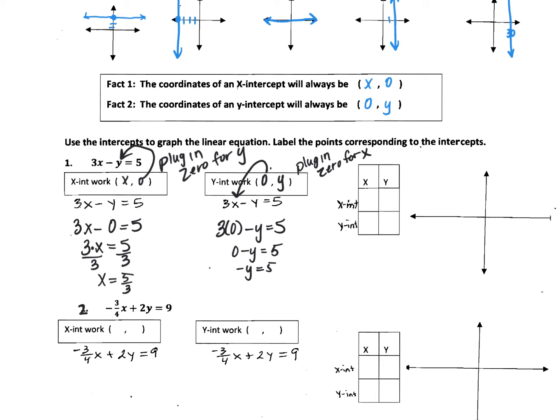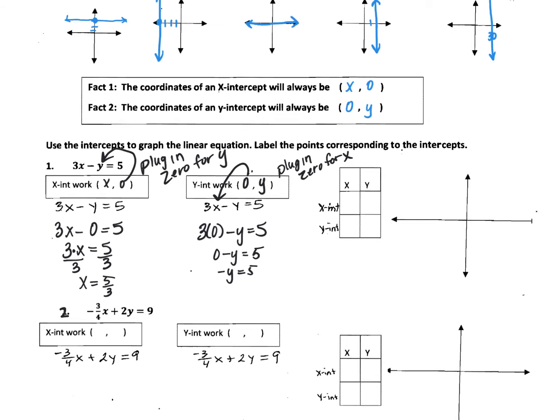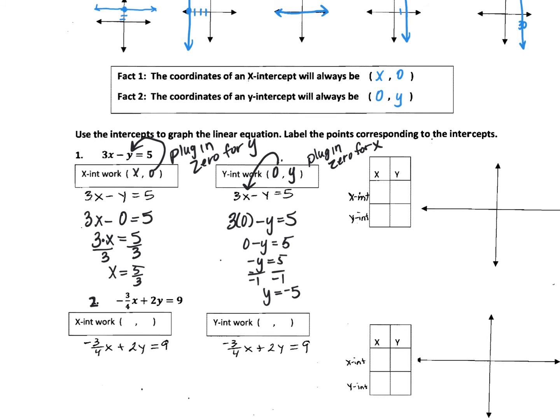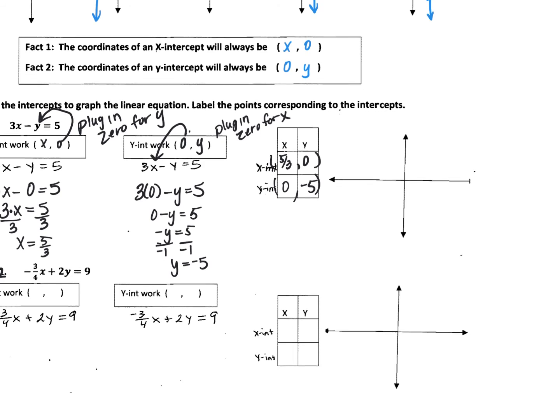And remember, that means we have to change the sign. So we divide by -1, and y equals -5. So my x-intercept is 5/3, 0. And my y-intercept is 0, -5. And we're going to graph those.